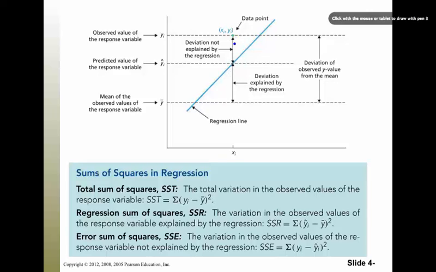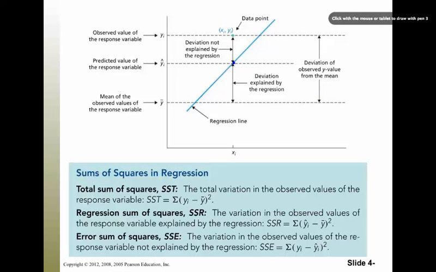That's not explained by the regression, because the regression line is supposed to be a reflection of what the data is. So any distance that you have there, that's not coming from the regression, that's coming from error. Okay, and so then the total deviation is from the data point to the mean.